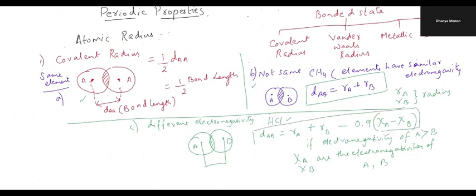Here we just have to subtract the electronegativities. So this is atomic radii, students.